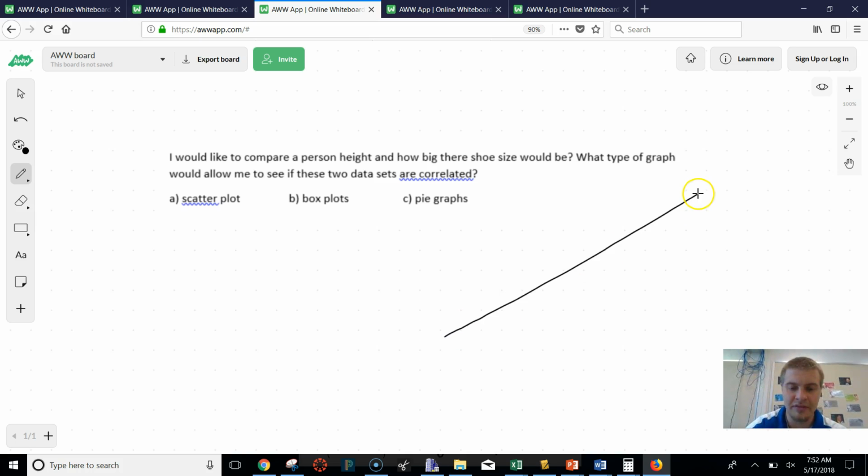Anytime that you want to figure out whether something is connected, a scatter plot's a really good way of doing that, because a scatter plot allows you to see how two data sets are connected. If I want to know which data set's better than the other one, that's where I'd use a box plot. And if I wanted to know what percent of something is happening, that's where I would use a pie graph. So pie graphs are your percentages, box plots are which one's better than the other one.